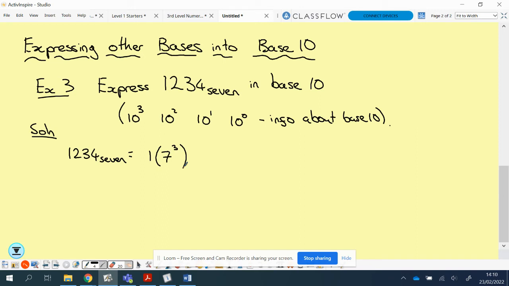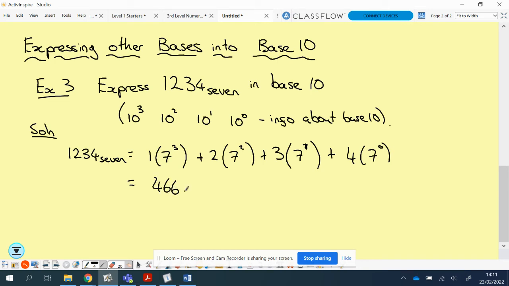My next digit is 2, so it'll be plus 2 lots of 7 squared, plus 3 lots of 7 to the power 1, plus 4 lots of 7 to the power 0. Okay, and what that gives me, if I work that out, you could just put all that in a calculator, you would end up with 466, which places it back in base 10. That's what that would become in base 10.